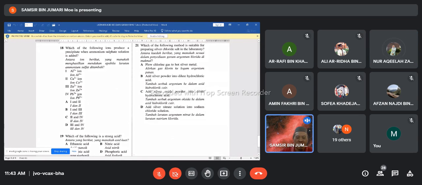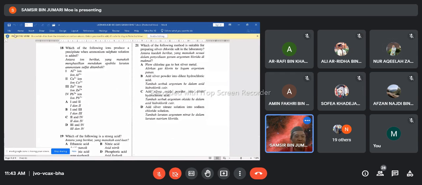Yes, lead two ion reacts together with sulfate ion to produce lead two sulfate. As we know that lead two sulfate is insoluble, that's why we will get the precipitate. The lead two sulfate will be formed as a precipitate. Same as the calcium ion.